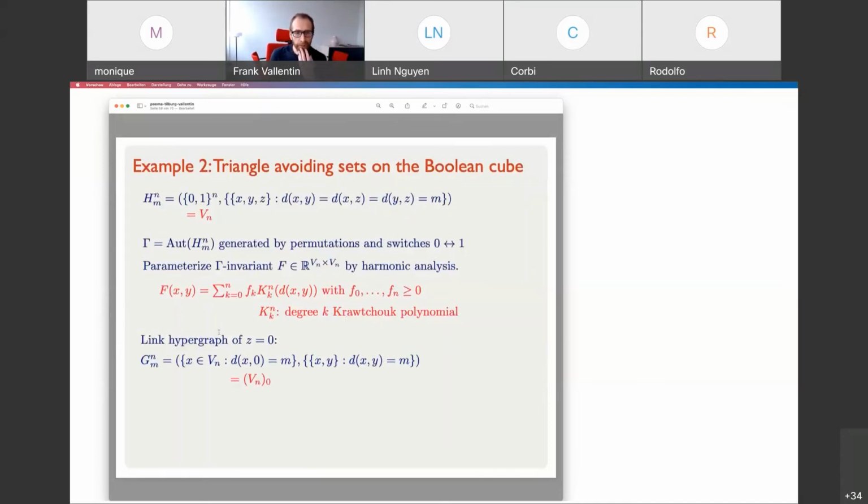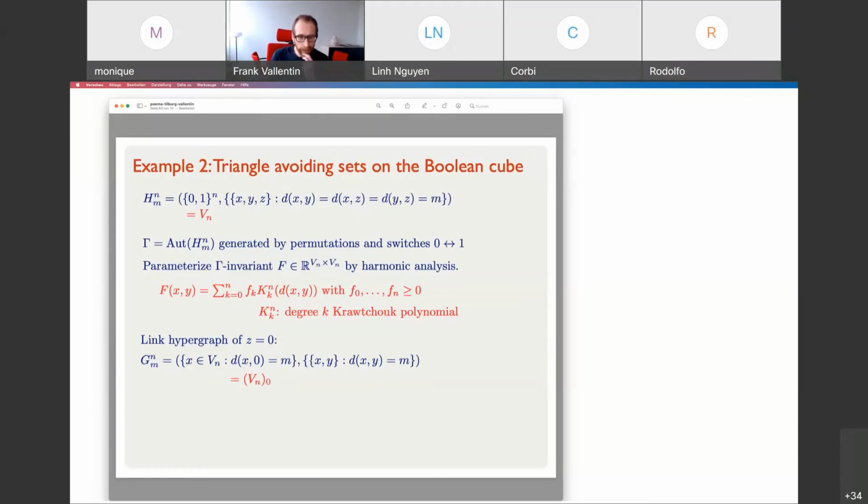Then the link hypergraph we have to study, and the link hypergraph we study at the origin. So the link hypergraph has vertices, all binary strings which are at Hamming distance m from 0. So in other words, all binary strings of Hamming weight m.